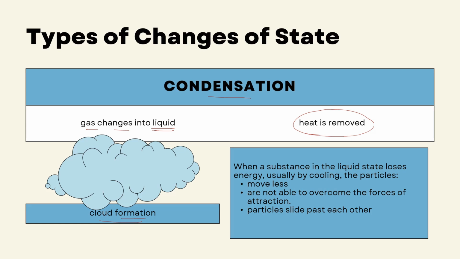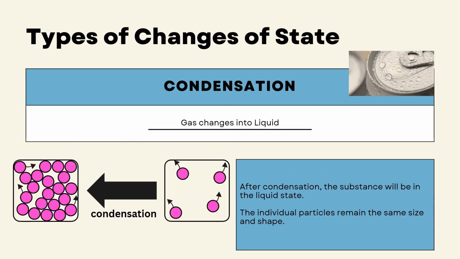When a substance in the gaseous state loses energy, usually by cooling, the particles move less. They're not able to overcome the forces of attraction and the particles slide past each other. In condensation, gas changes to liquid.